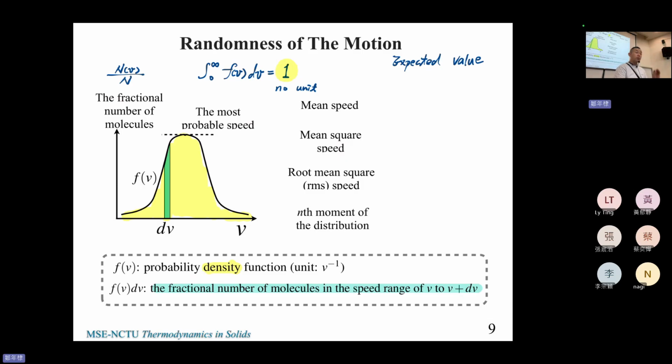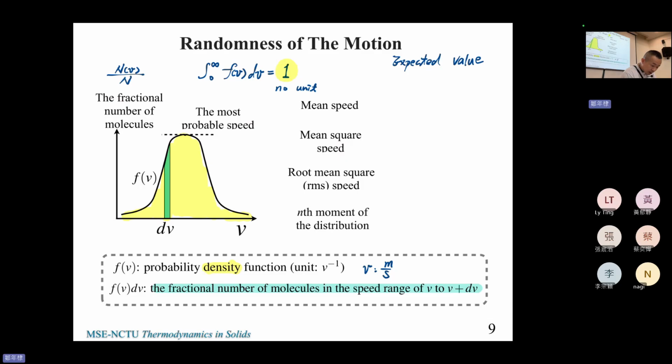Okay, so you need to be careful. And also, f(v) is not probability, it's probability density. So the unit is v to the minus 1, because you need to multiply by dv to get the probability. All right. And v is actually meters divided by seconds, right? The unit.